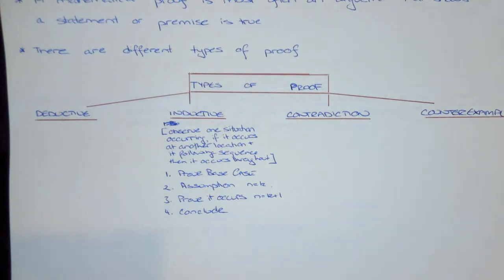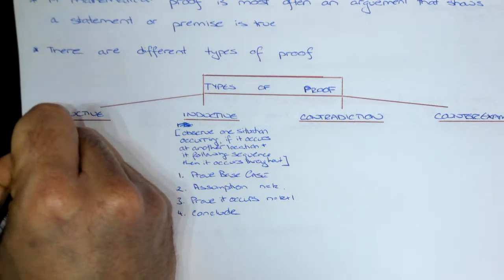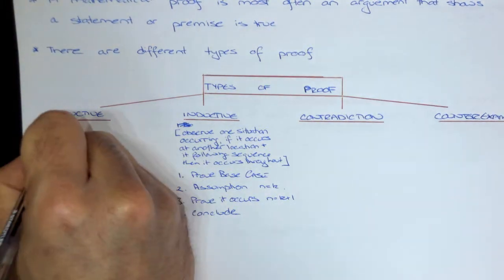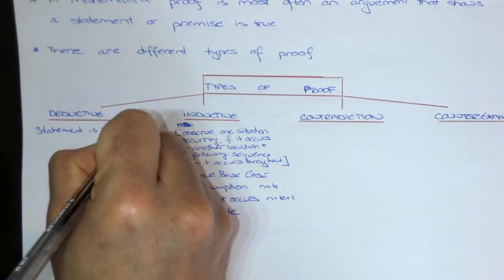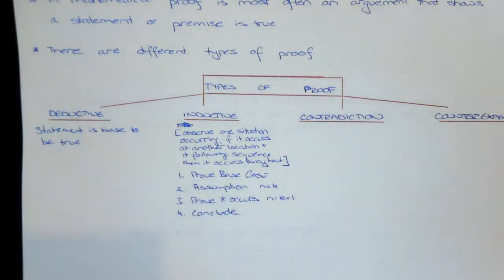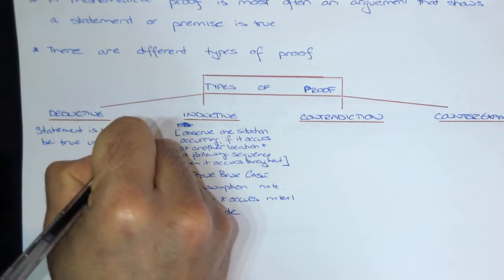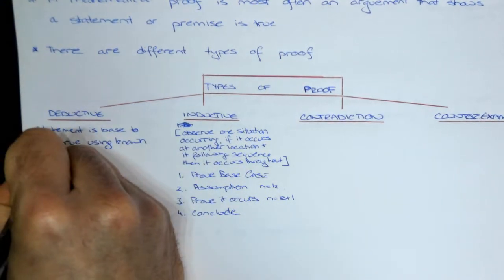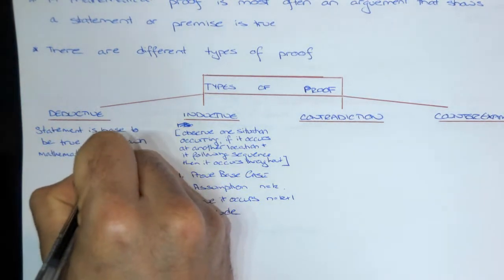We have the deductive type of proof. This is where the statement is shown to be true using known mathematical principles.